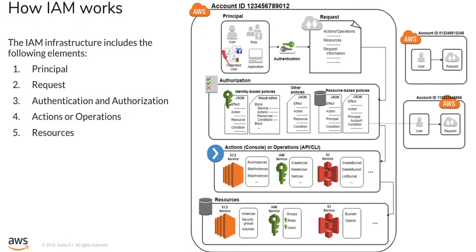All of these belong to principals, and these are authenticated, and a request is generated, and the request is sent for authorization to understand what kind of policies should be attached.